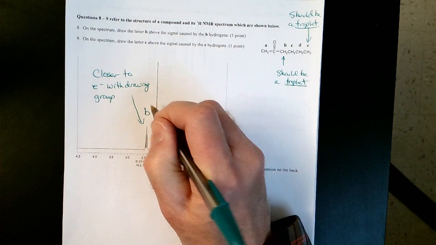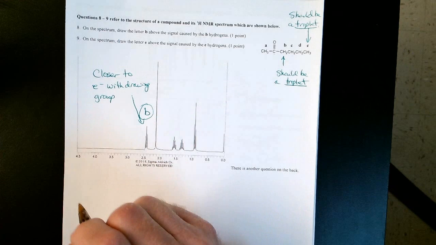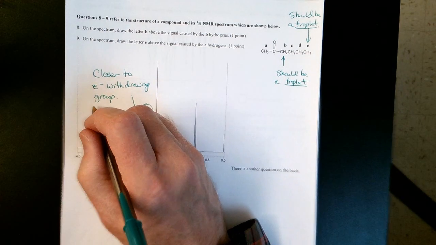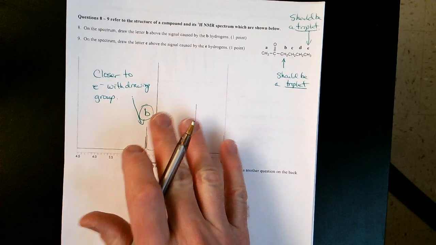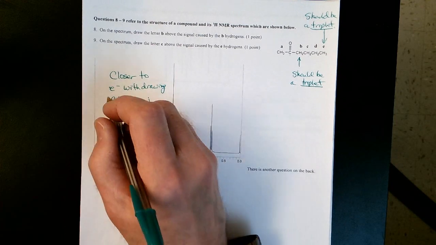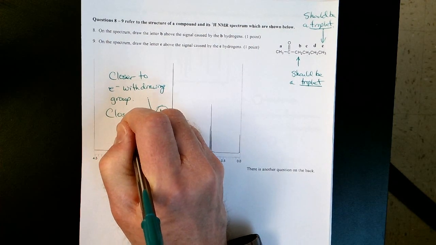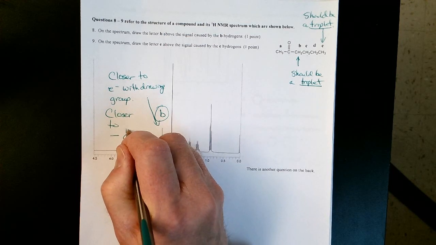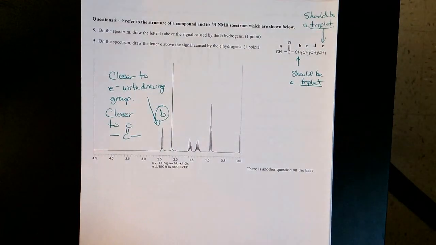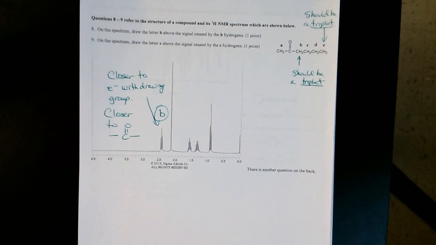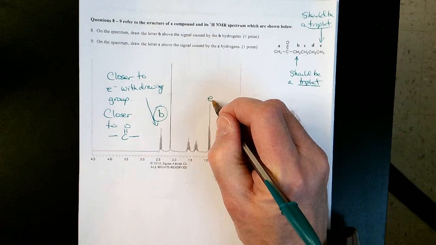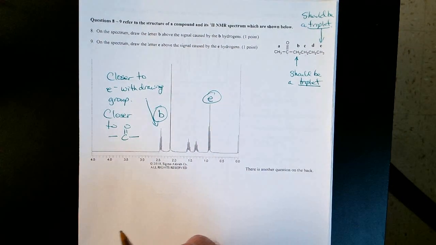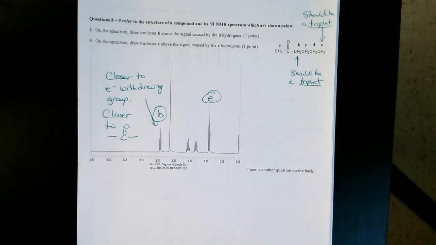Yeah, this one's B. And you could even put specific things here by saying that this one is closer to that group where oxygen is part of the mix. That leaves E for this one right here. So finally we got to number 9, which was your original question.